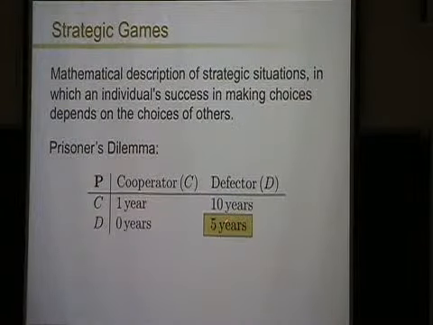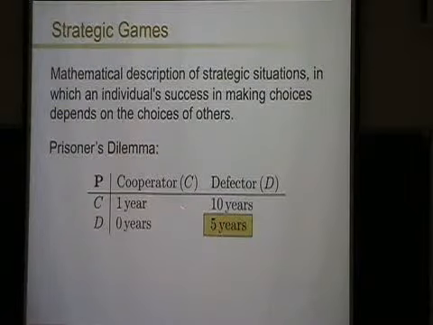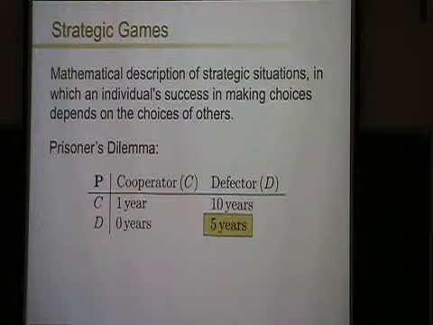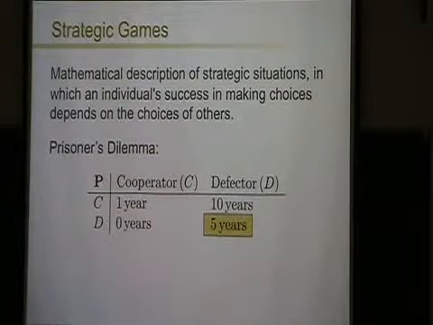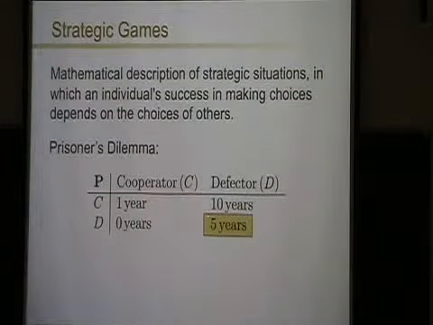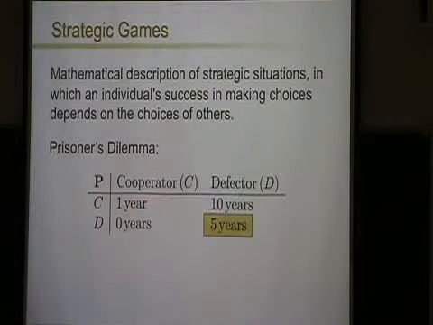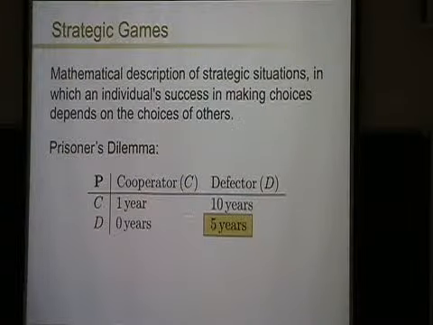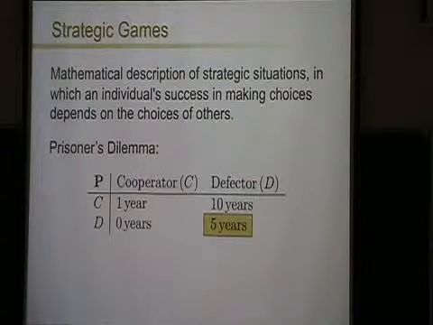Because we would be better off if we would have cooperated, and then we would just be sentenced to prison for 1 year. And that's behind most social dilemmas: to defect here actually is a large temptation, since playing against somebody you're always better off by defecting.